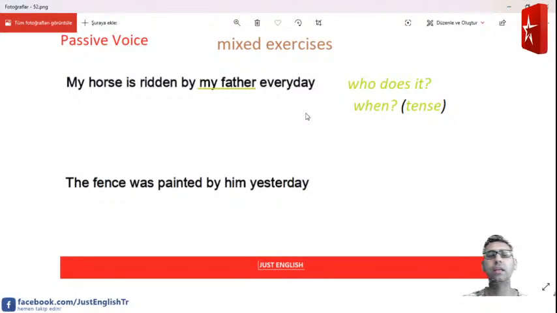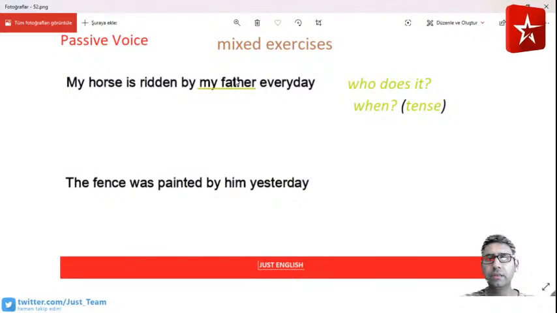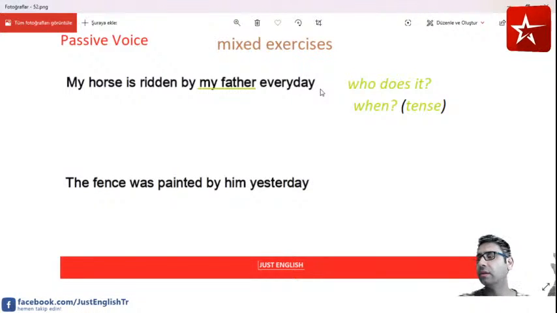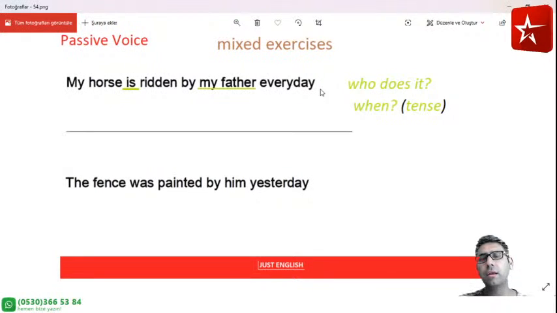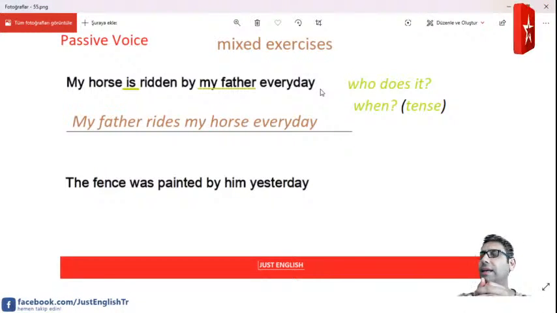Basically it's to be, but here we use is. So it gives us the idea that the sentence is present simple. So my father, present simple, ridden. I need to change this into present simple. My father rides my horse every day. Yes, correct. Geylani, Sertaç, Recep, Elif. All of them are correct. My father rides my horse every day.